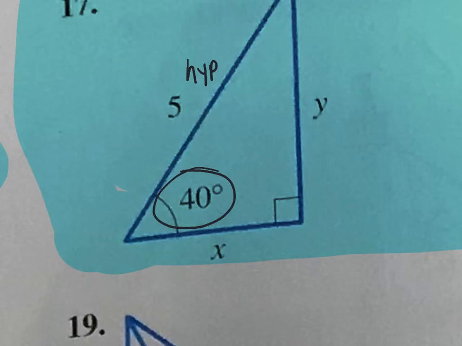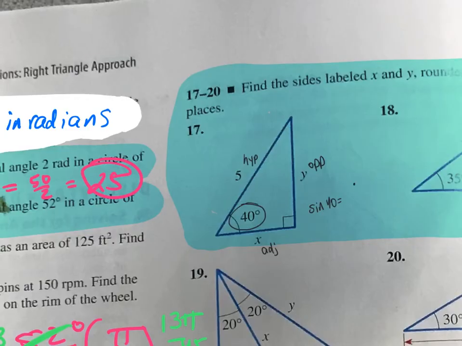Is it the opposite or the adjacent? Opposite. What is x? Adjacent. So if I wanted to solve for y, what is the function that I would use that uses opposite and hypotenuse? Sine.